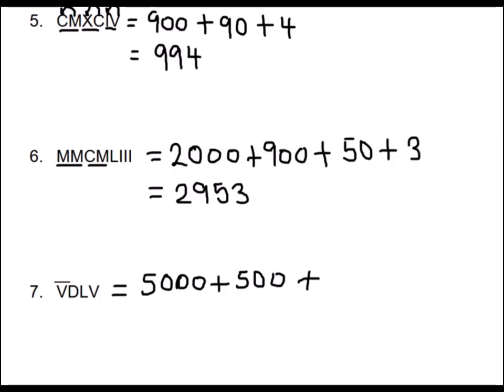L is 50, and V, that is giving us 5. So together we join everything. So this is going to give 5,555. So continue using the place value chart. It makes work easy.